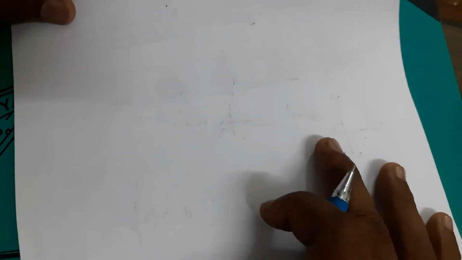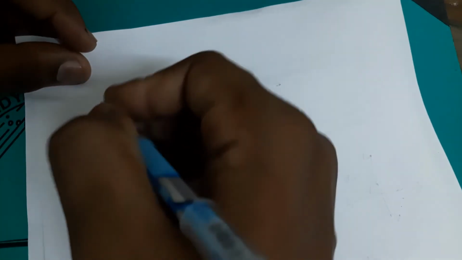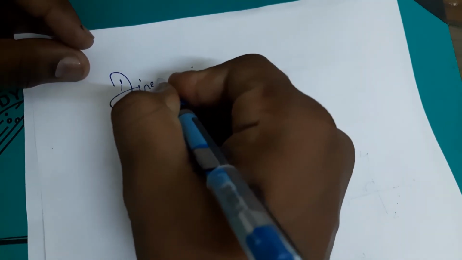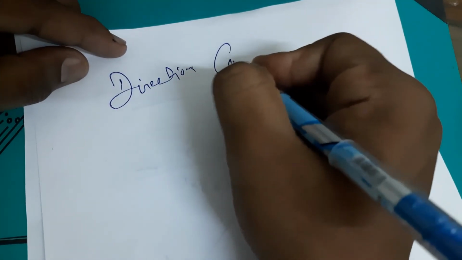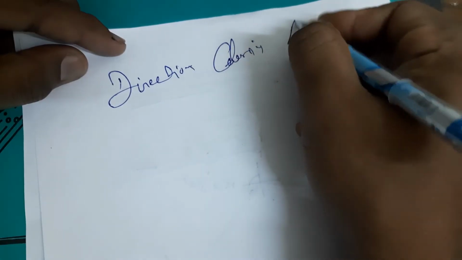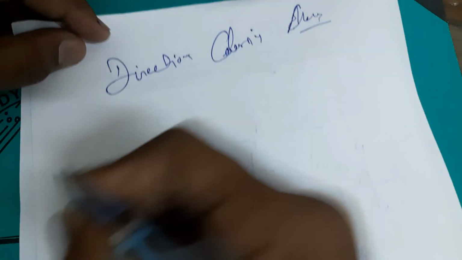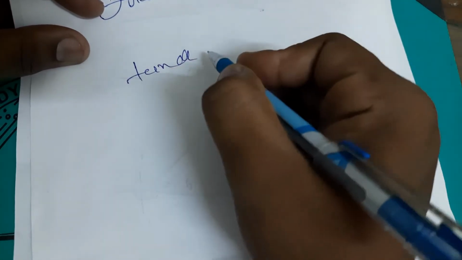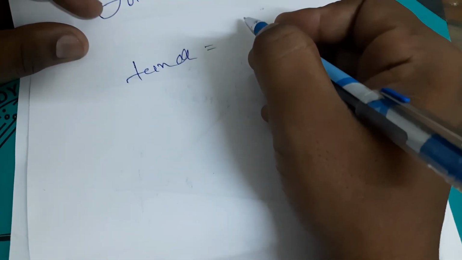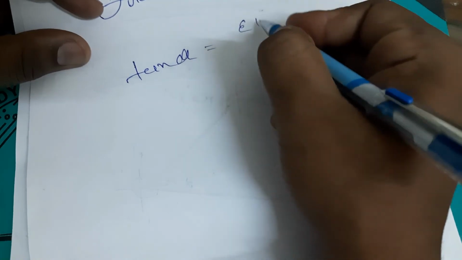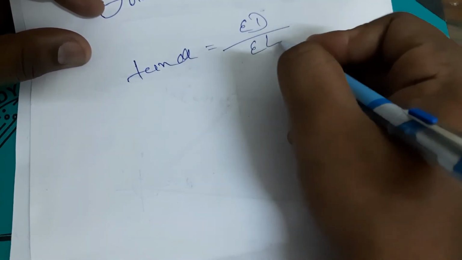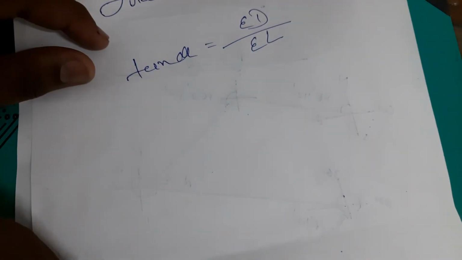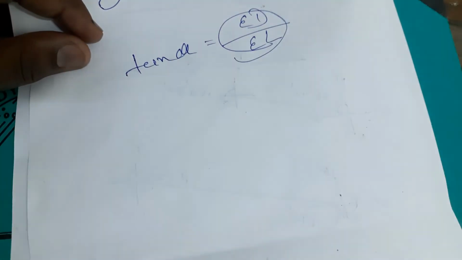For finding the direction of the closing error, tan theta is equal to sigma D divided by sigma L, the sum of departure over the sum of latitude.